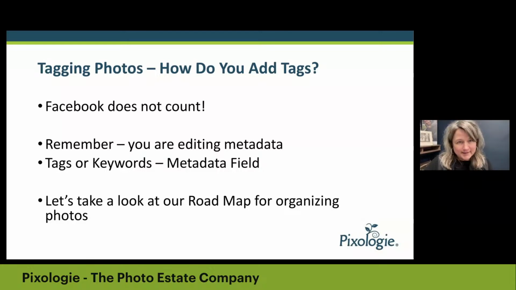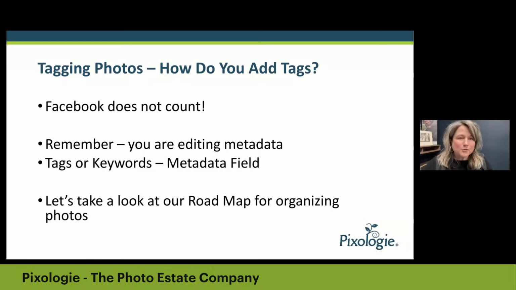When you're adding a tag, usually you are working with the metadata of a photo. The metadata is all the information about your pictures. It includes the date taken, comments if you want to add them, and then tags.